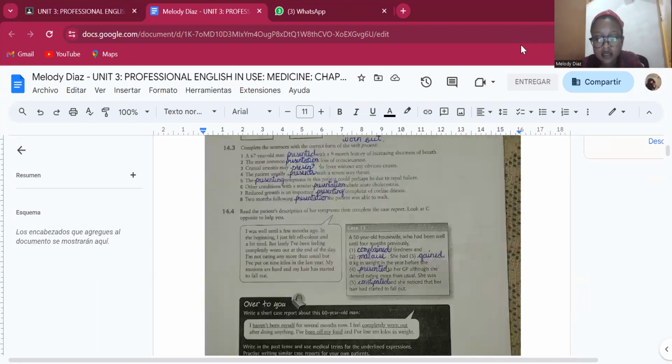Complete the sentences with the correct form of the verb present. Number one, a 67-year-old man presented with a 9-month history of increasing shortness of breath. Number two, the most common presentation is loss of consciousness.